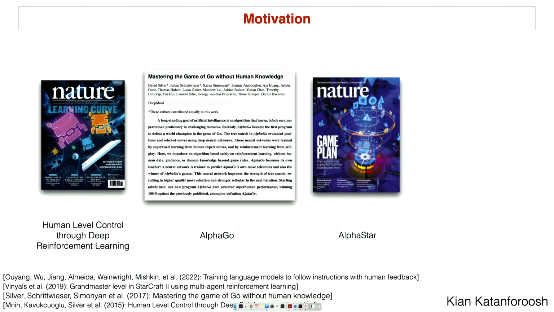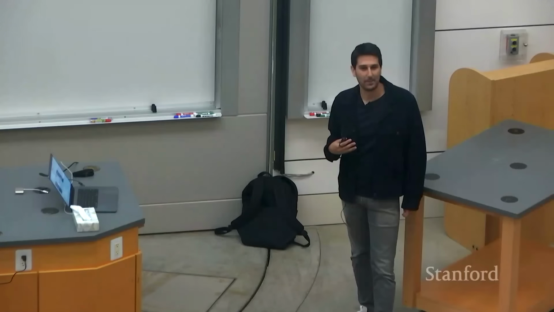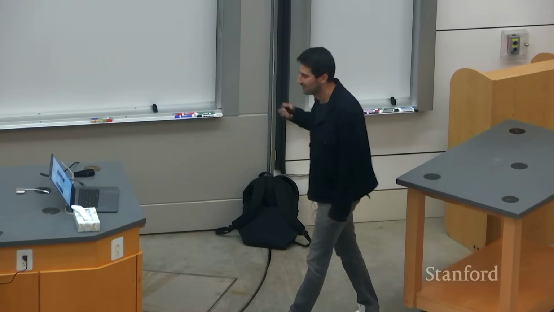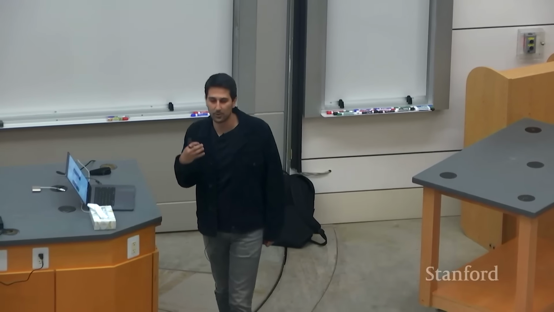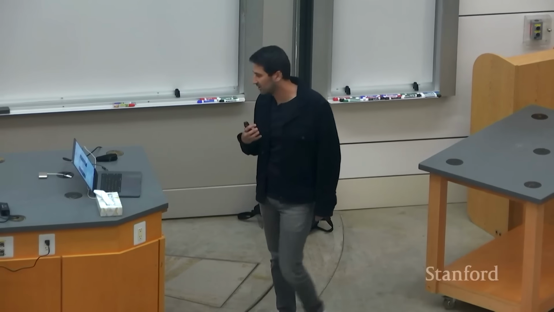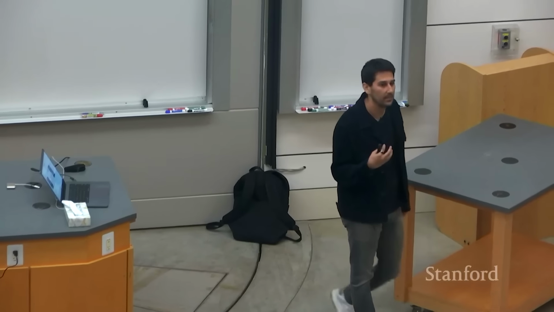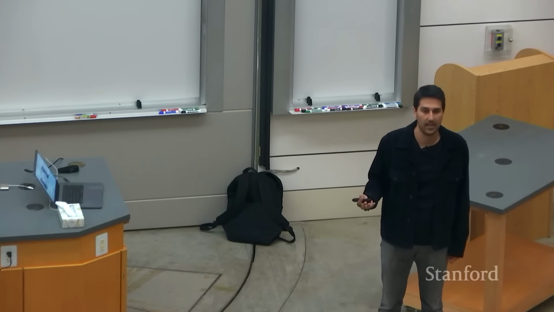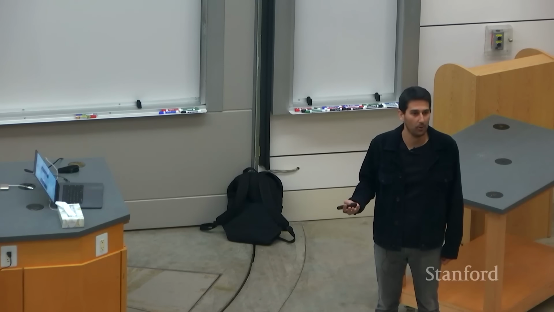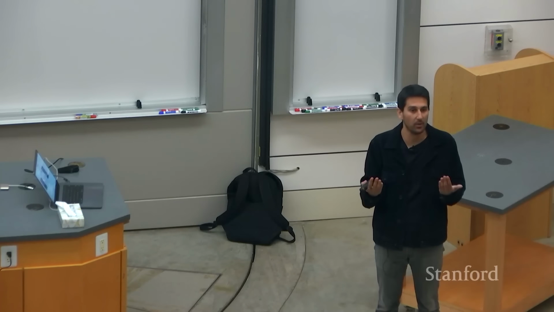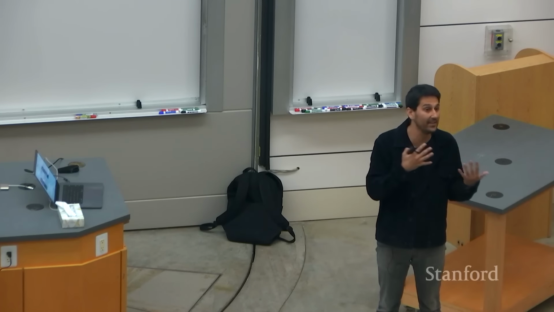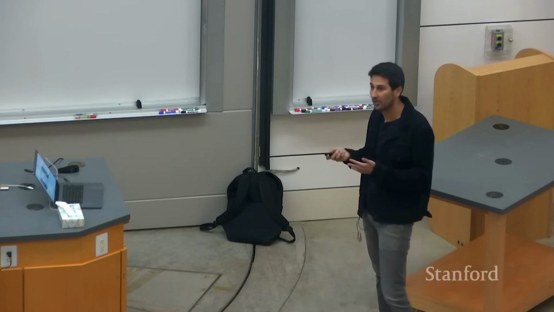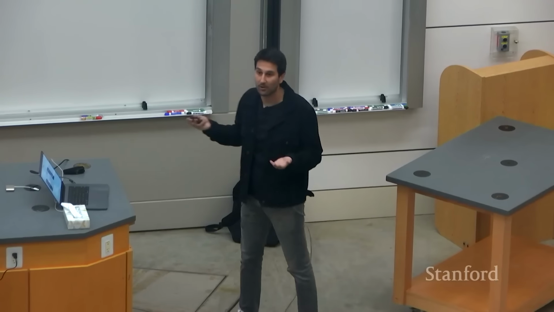Later on, another great paper from DeepMind showed us that reinforcement learning can also be used for strategy games that might be a touch more complex than chess or Go, that might involve multiple players playing with each other or against each other. Some of you might have played StarCraft, for example.